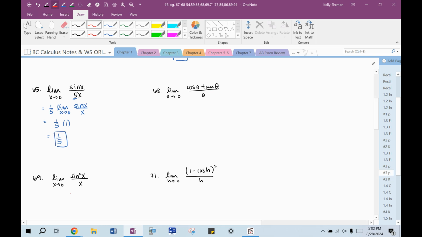For number 68, I can't plug in 0 because if I do that, I get 1 times 0 divided by 0. So I've got to work on this a little bit. We get to break out our trig identities. So this is the limit as theta approaches 0 of cosine theta. And then I'm going to use the quotient identity to simplify tangent.